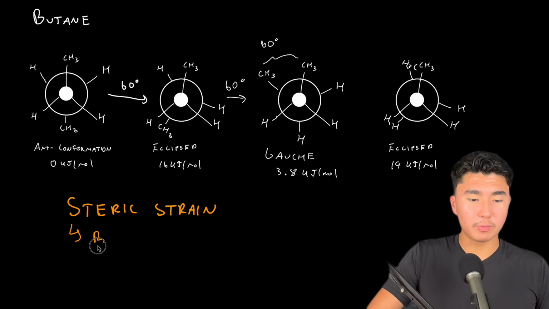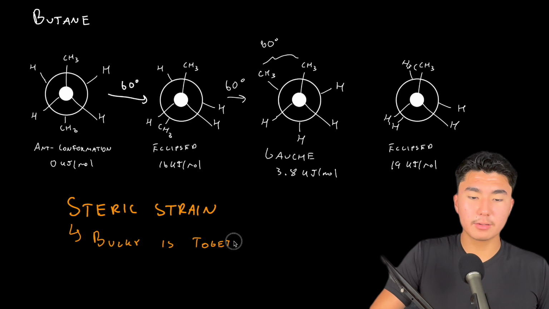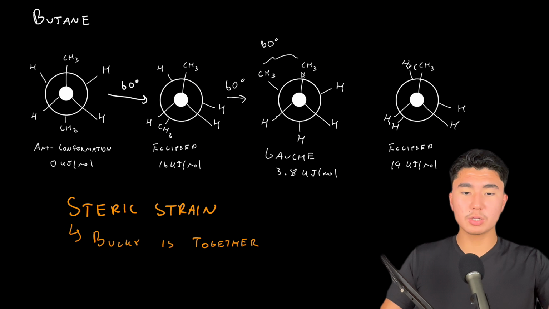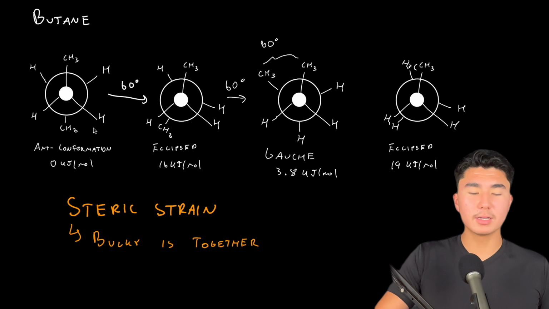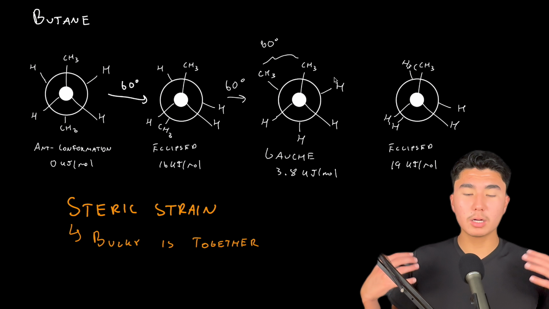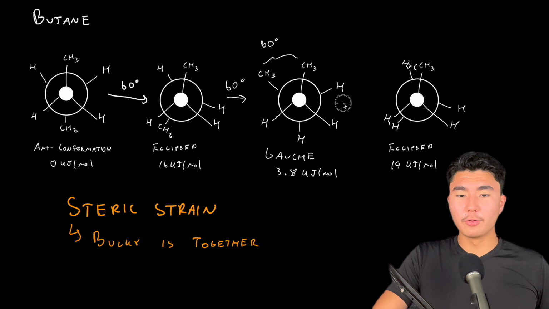So over here, I'm going to write, this is when bulky groups are together, but this is going to be in a 60-degree angle. So this is going to look like our staggered or our anti-conformation, but our methyl groups are close together. And over here, this is going to rotate 60 degrees to create that eclipsed conformation.